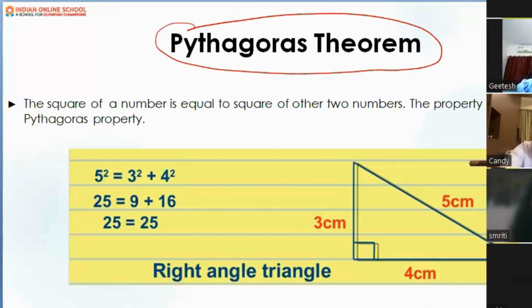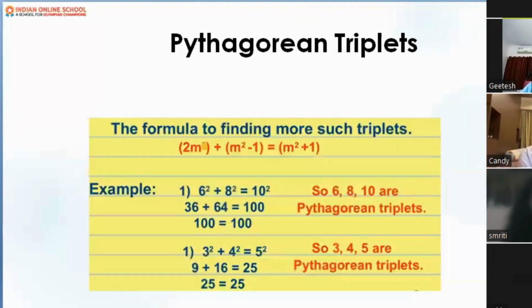Here also, we are finding the square of all three sides of the triangle. And this property applies to right angle triangles only. Related to that, we have Pythagorean triplets in squares and square roots.